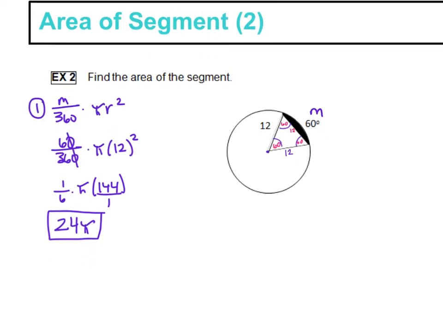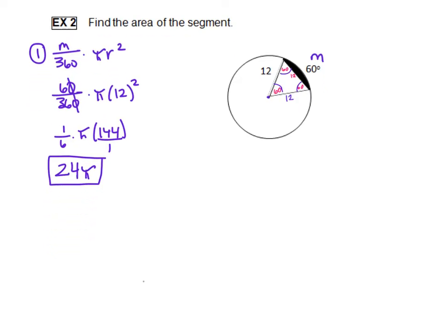All right, now step 2 is find the area of the triangle. Well, we did a little bit of work at the beginning finding out that this is an equilateral triangle. So for an equilateral triangle, you can take the side squared over 4 times the square root of 3.